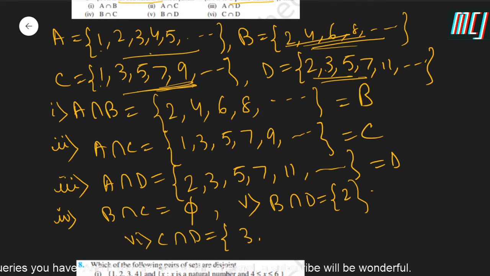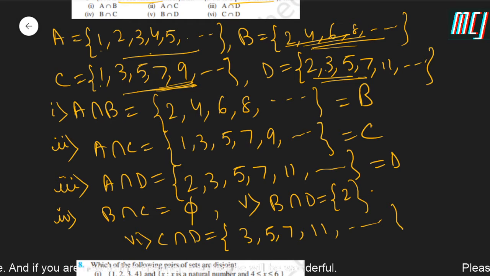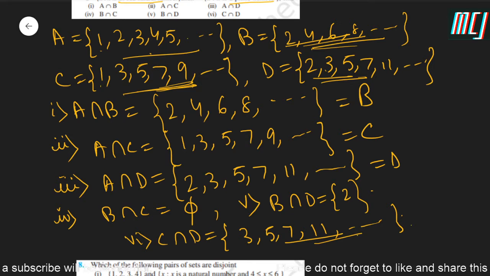That will be only the prime numbers 3, 5, 7, 11 and those things. Clear? So here we can write the odd prime numbers, except 2 all prime numbers will be there, as this is the set of all odd numbers. Okay, clear?